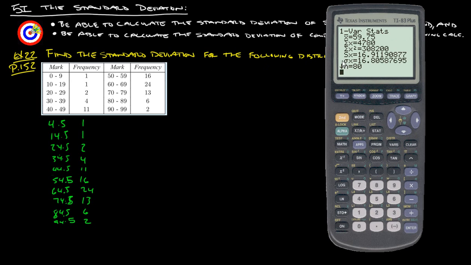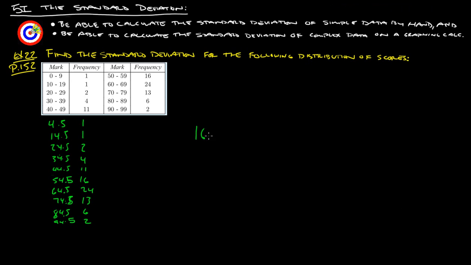And here is, again, we're assuming that this is all the entire population, so we use a super O X here, and we get that our standard deviation is 16.81. So 16.81 standard deviation.